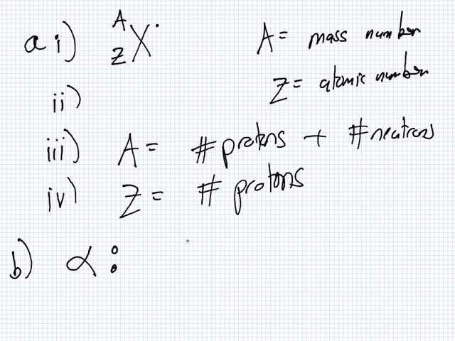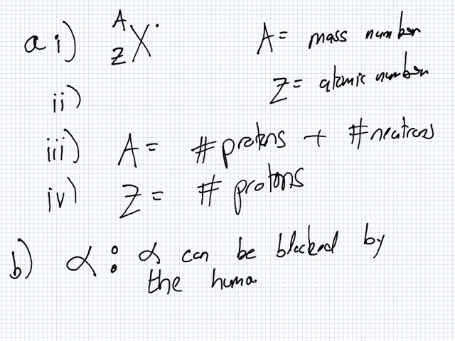So we could say that alpha can be blocked by the human hand. If I said weak compared to others, the definition needs to reference something that you can actually see and measure.